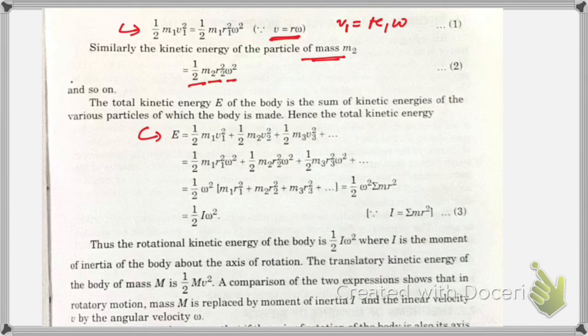Adding all those, we have half m1 v1 square, half m2 v2 square, half m3 v3 square and so on.